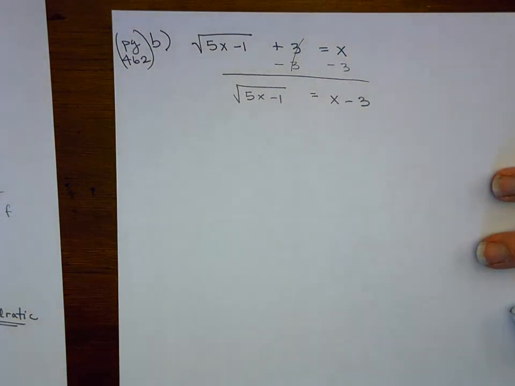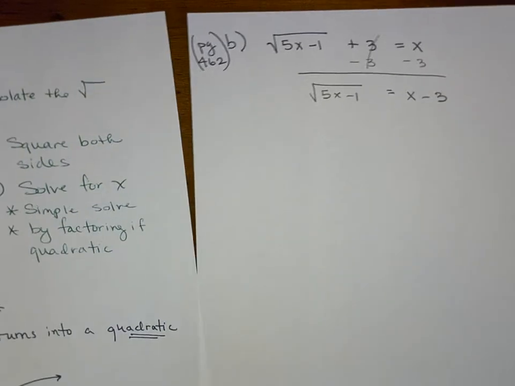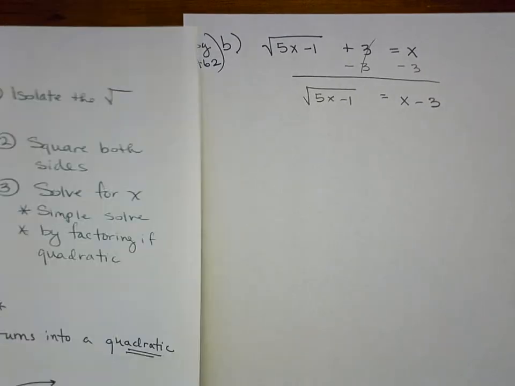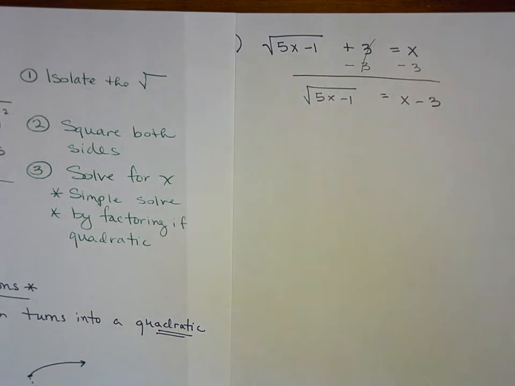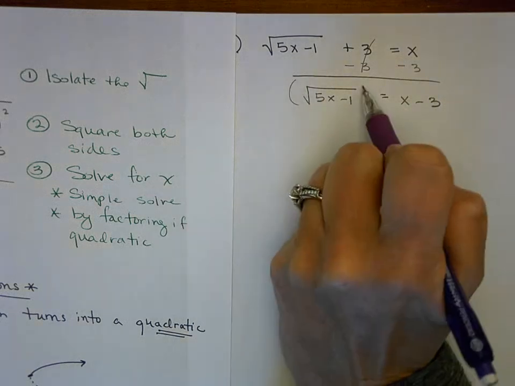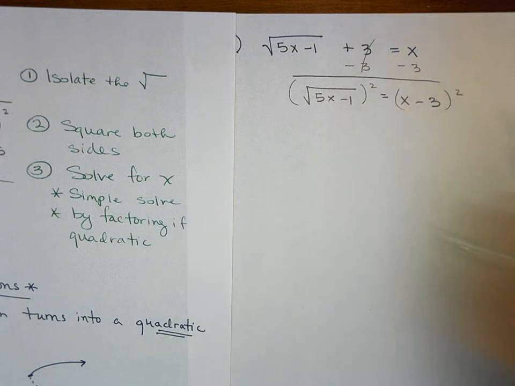Now let me scoot this over so we can see both at the same time. Step 2 was to square both sides. We've isolated the radical, which was step 1, so now we square both sides. I have to square this whole thing, a quantity squared.